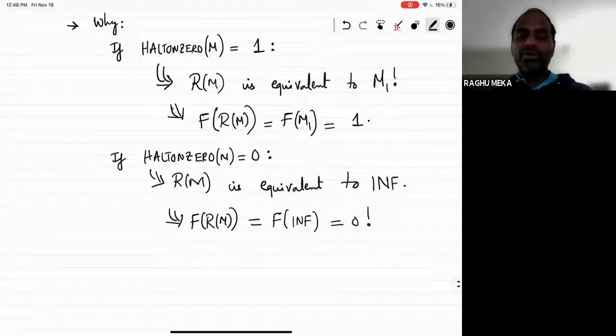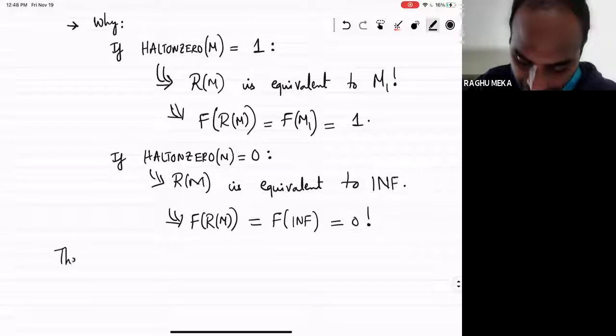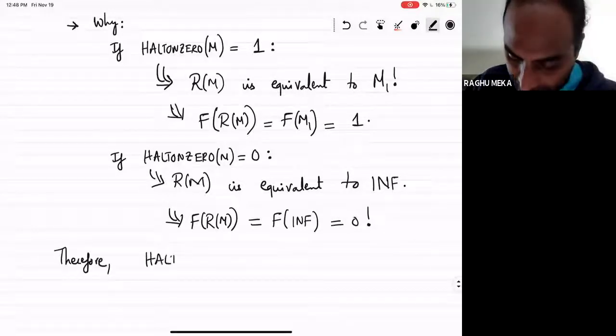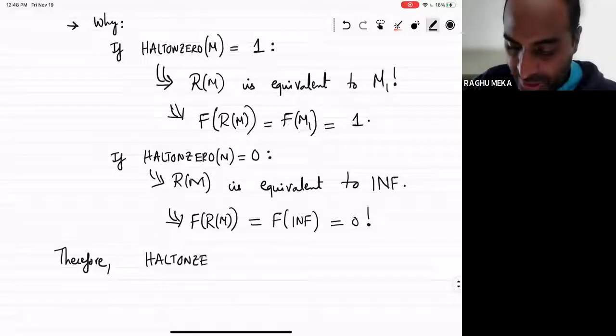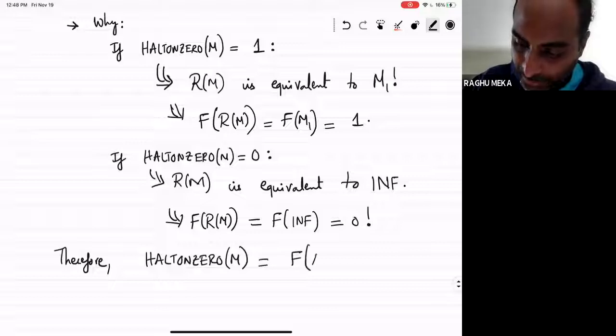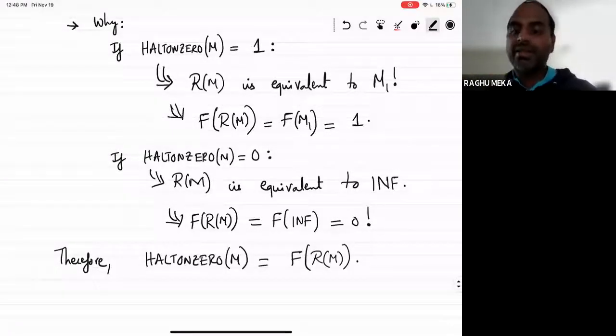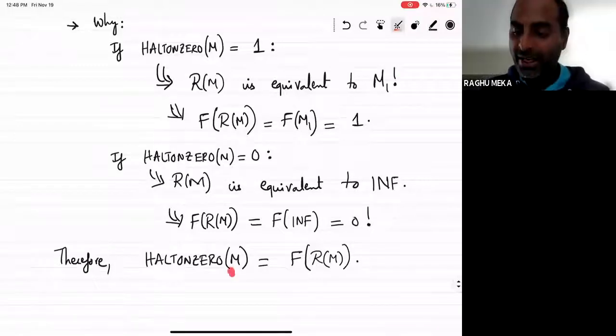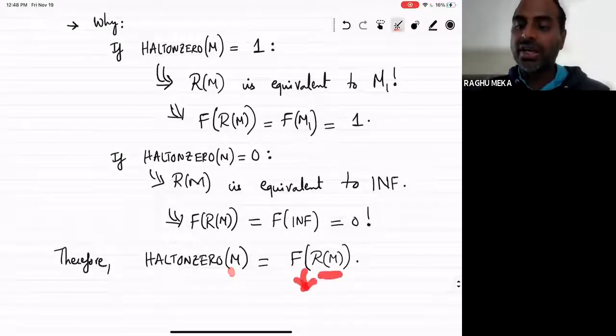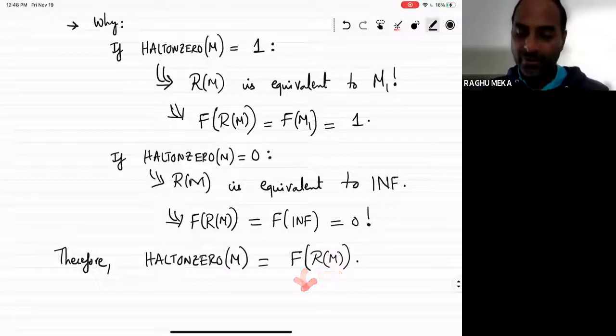Okay. So therefore, we have the desired equality, right? There is a way to translate an input for M to an input for F so that you have the equality. Okay.